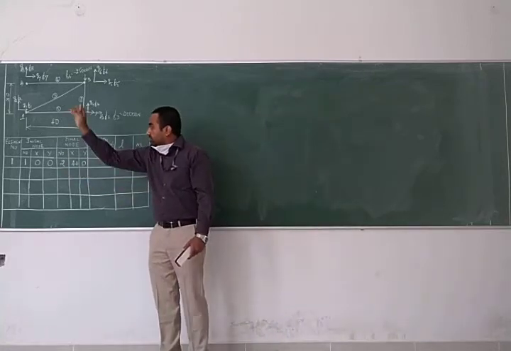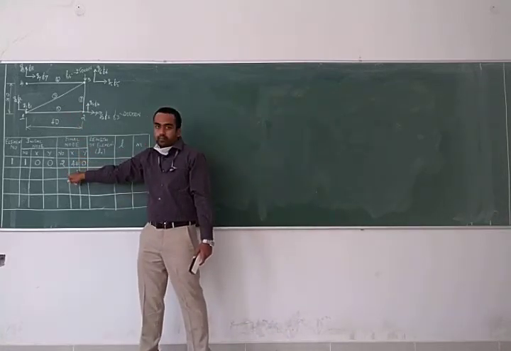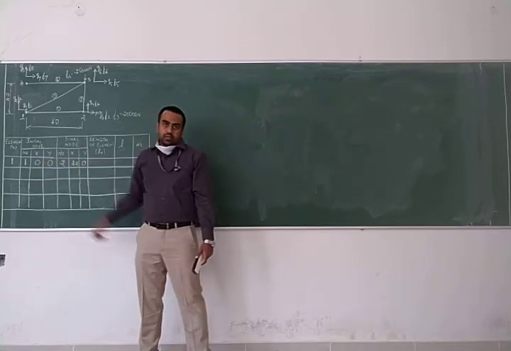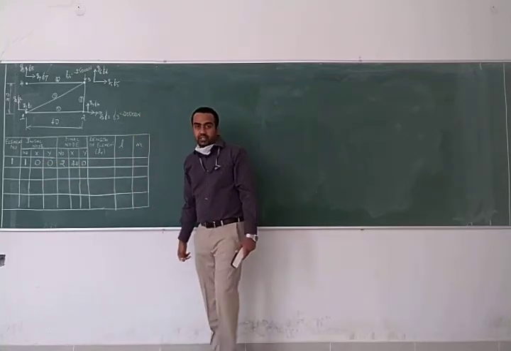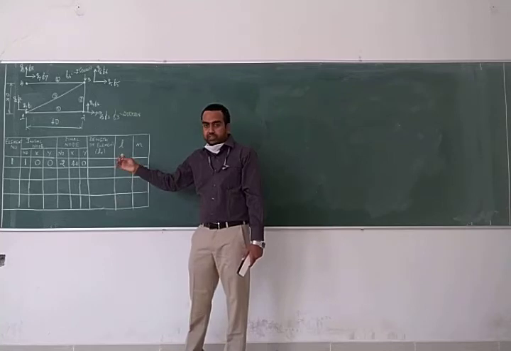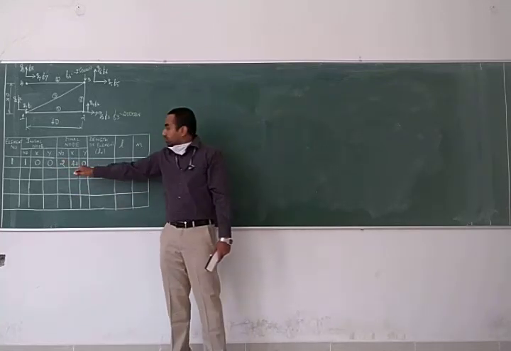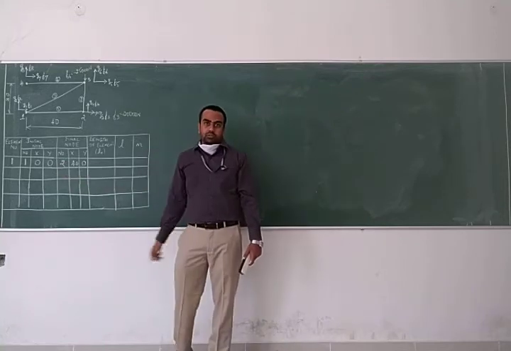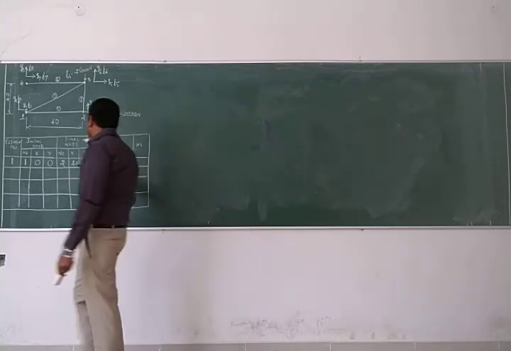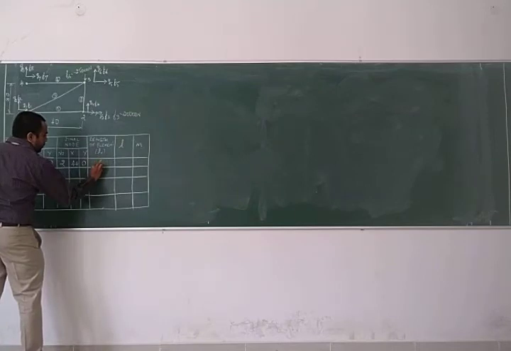So x2 is 40 minus 0, 40 square, plus y2 minus y1 is 0 minus 0, 0. So 40 square under roots will give you 40. So length of the element is 40.